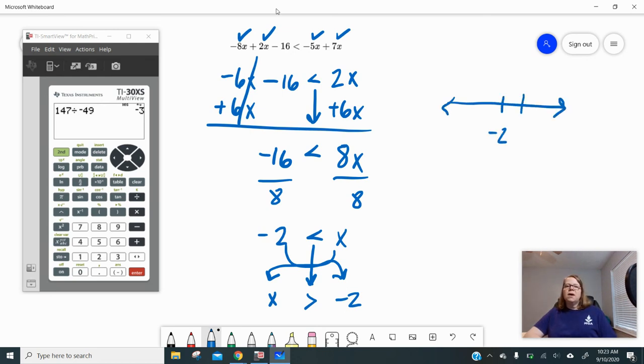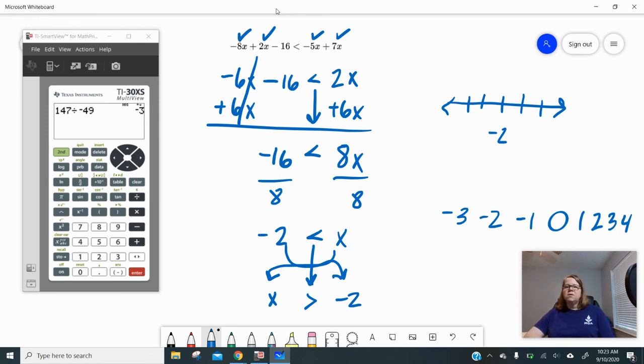Okay, so most teachers are going to require two numbers on either side. Some will just require one, but think through your number line. Think through, okay, if it's 1, 2, 3, 4, 0 would be here, -1, -2, -3. All right, so that helps me to see where my numbers go here.